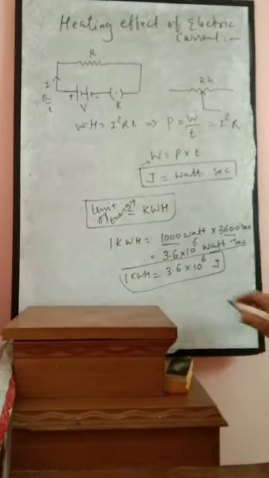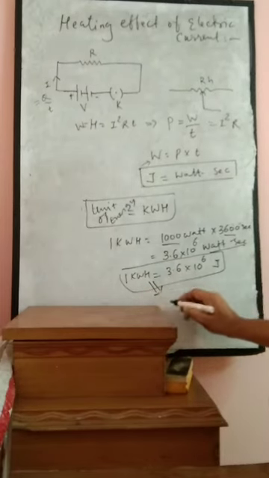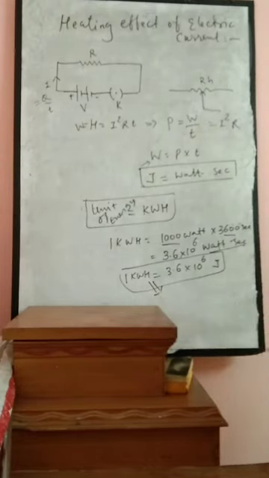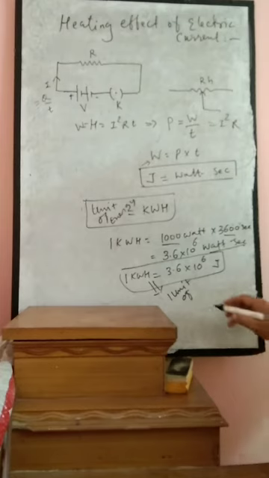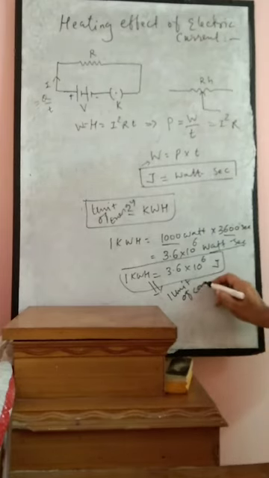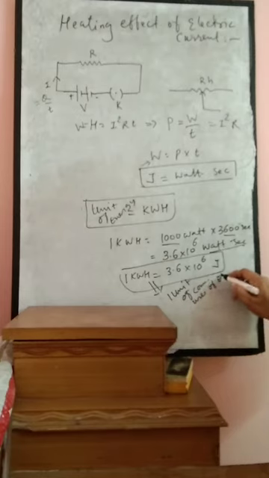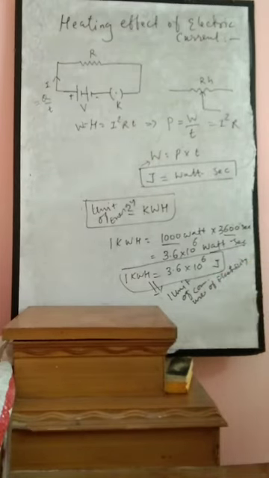Now 1 kWh is also called the commercial unit of electricity, which is 1 unit of commercial use of electricity. Normally after every month or 2 months, our electricity board produces a bill.